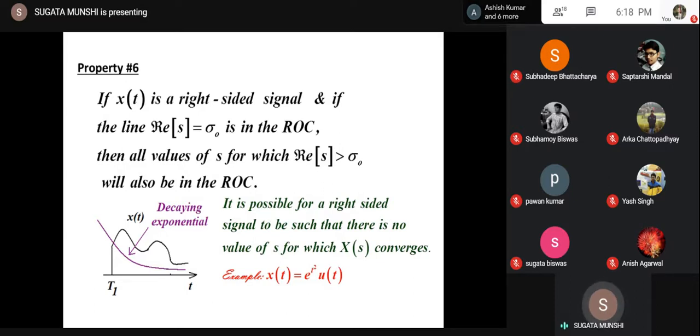Now it is possible for a right-sided signal to be such that there is no value of s for which X(s) converges. One example is given as x(t) equal to e to the power t. Later on we will see whether the Laplace transform for that signal converges or not.